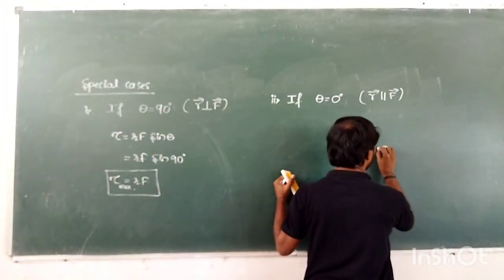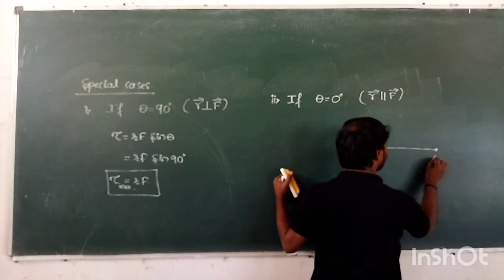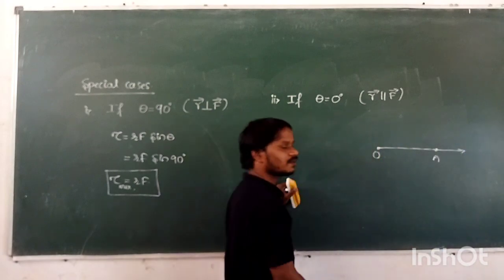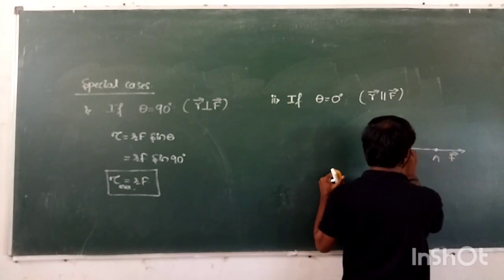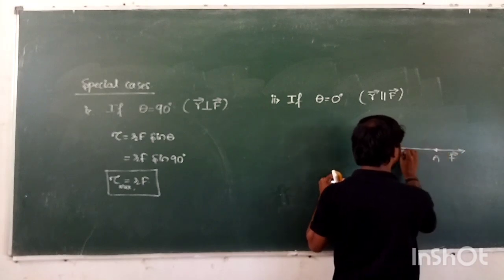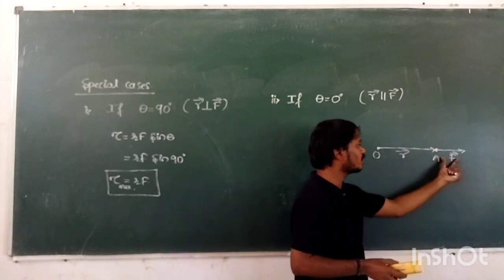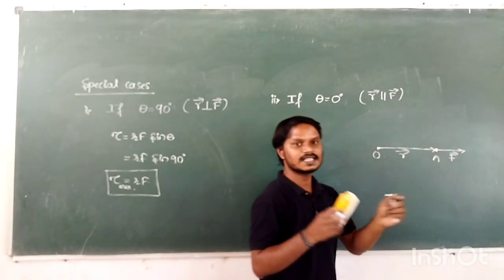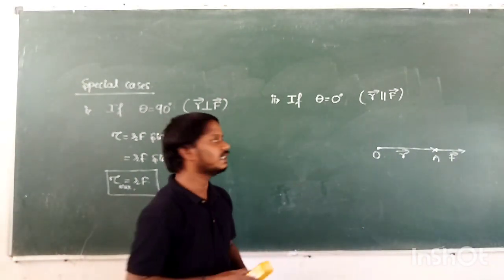Once again, fixed end, free end. At the free end, we are going to apply the force. How is the force applied here? The force is applied parallel to the position vector R. What is the angle between the position vector and force vector? That is 0 degree, because both are along the same direction, which means both are parallel to each other.